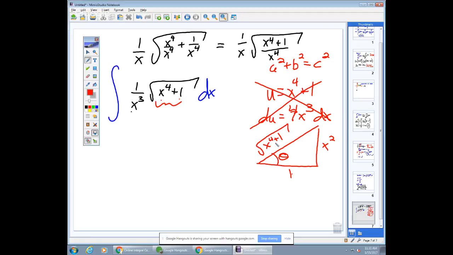If that's the case, what do we have here? We have that x squared equals the tangent of theta, right? Because tangent of theta is x squared over 1. So then, I don't know about this. x would be plus or minus the square root of the tangent of theta.